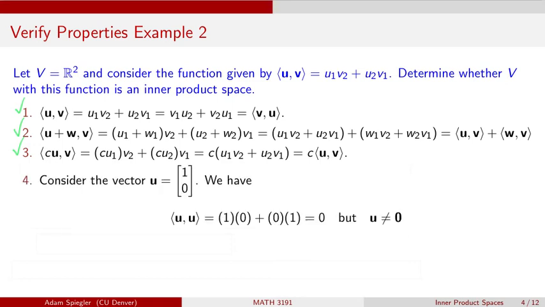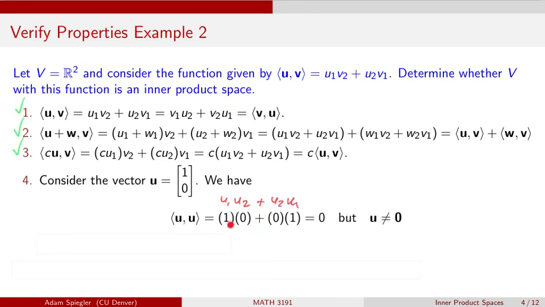So this one deals with, well, what happens when I take the inner product of u with itself? So let's consider the vector (1, 0), which is a vector in R2. If I take the inner product of this vector u with itself, then we're going to take u1 times u2 plus u2 times u1.